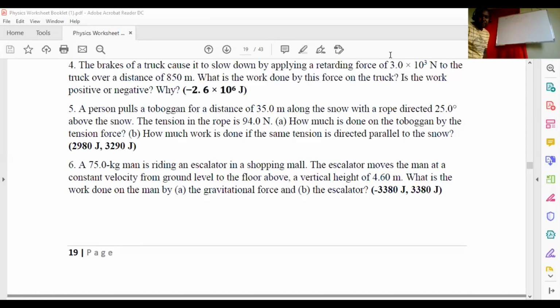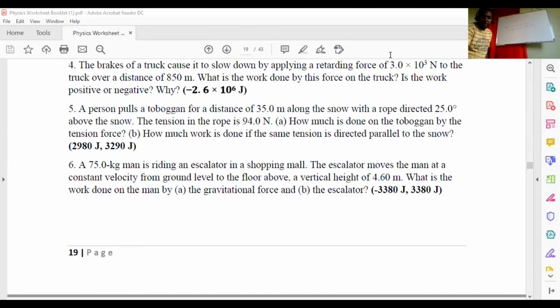All right, seeing it better, no? All right, great. So the first part is how much work is done by that tension. Because we're given an angle, we use force times distance times cos theta. The force for the tension is 94 times the distance, which is 35 meters, times cos of 25 degrees.